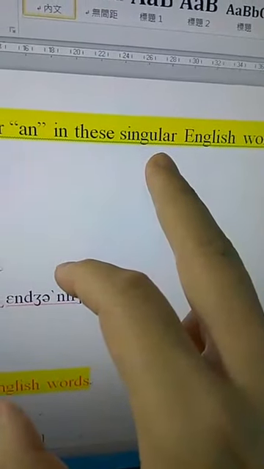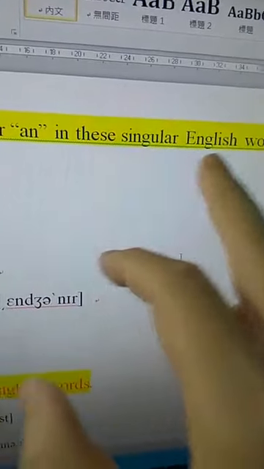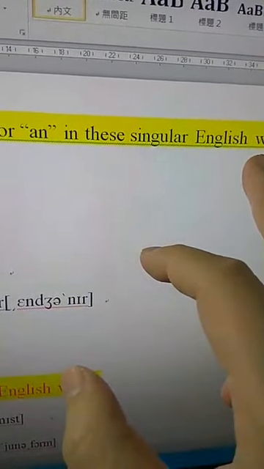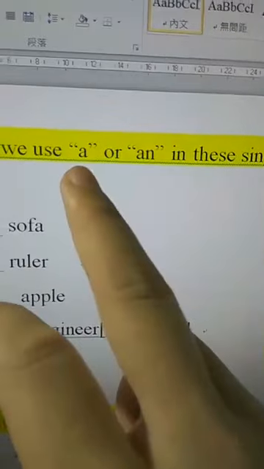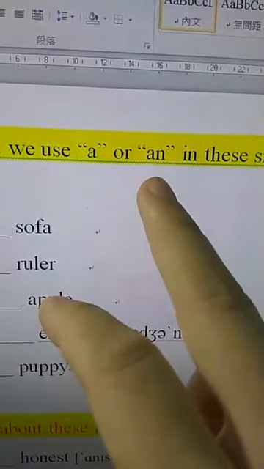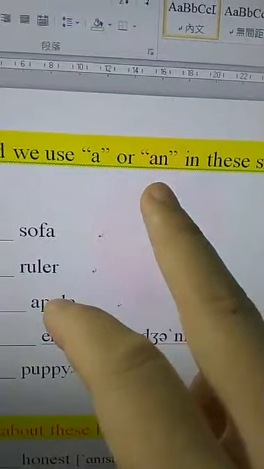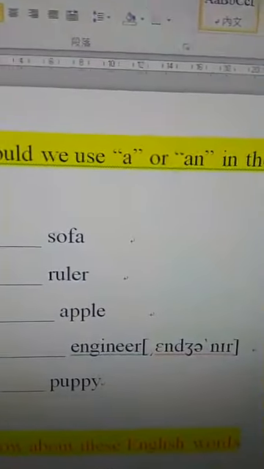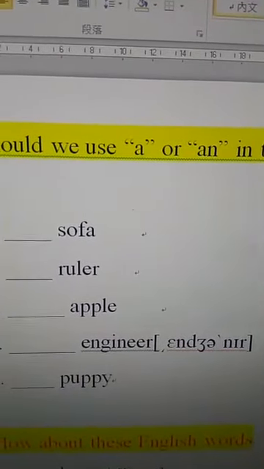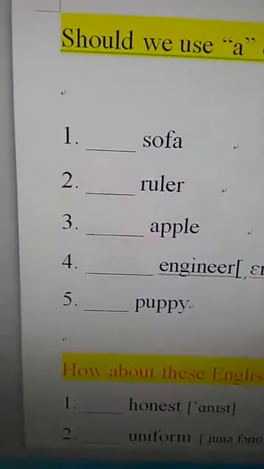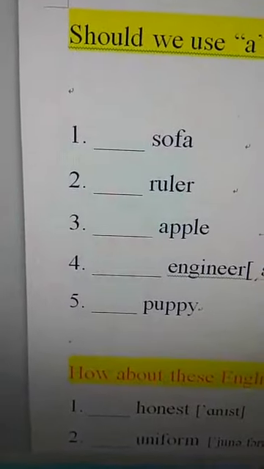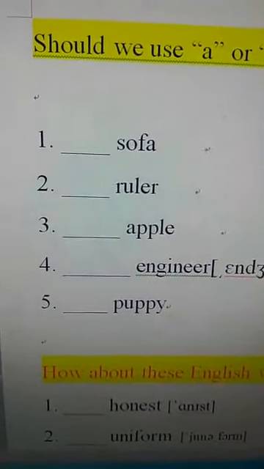So in English, whenever we use singular words, oftentimes for some countable words, we should use a or an in front of the word, okay? So viewers and watchers, please pick up your pen. Let's do some practice, because if we do more practice, then you can have a better understanding of these countable nouns. Okay, so try it.